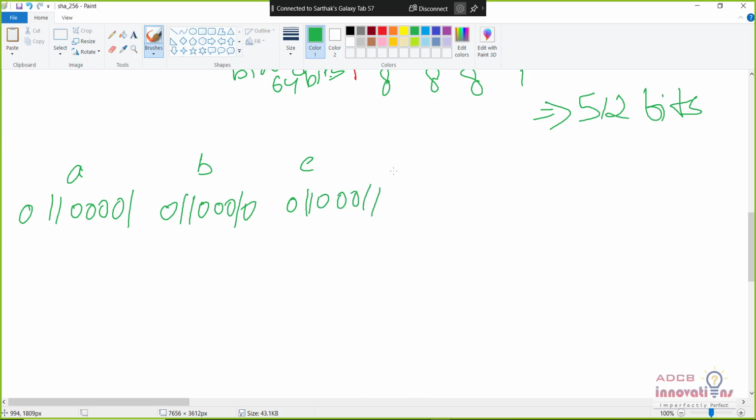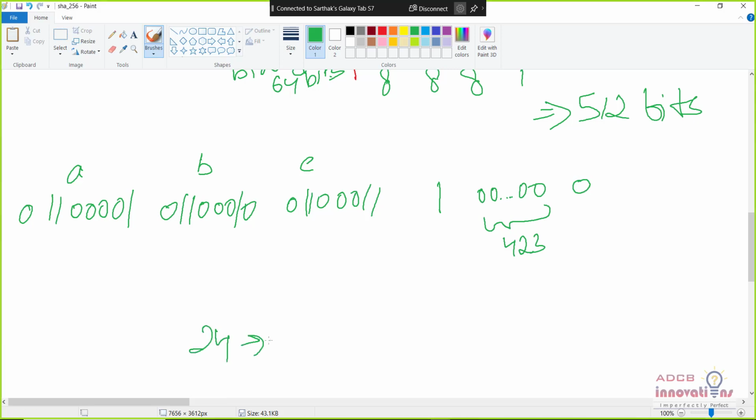All right, so this is the ABC value, and then there is this 1 bit. Okay, then there will be zeros, that is 423 zeros, and then there will be the L value, that is 24 in binary terms.